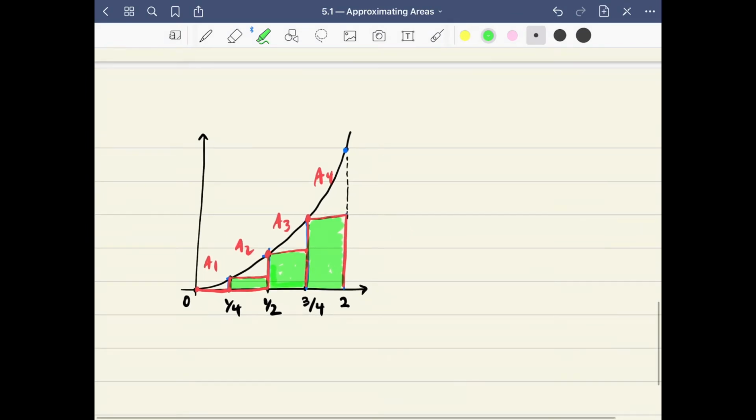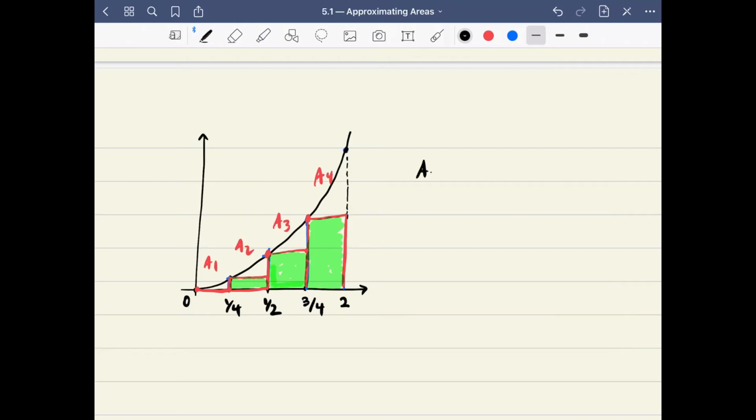All right, now of course, since the first rectangle has no height, there is no green highlight there. Okay, so let me keep going here.